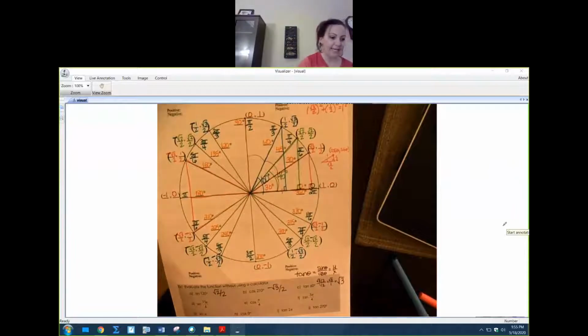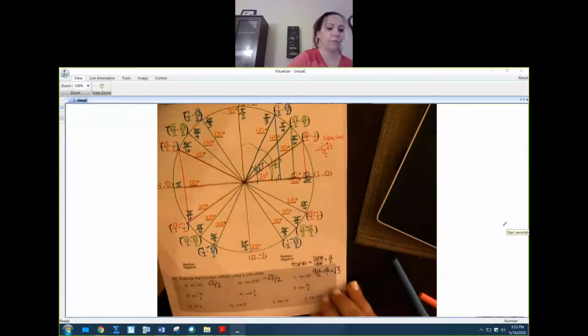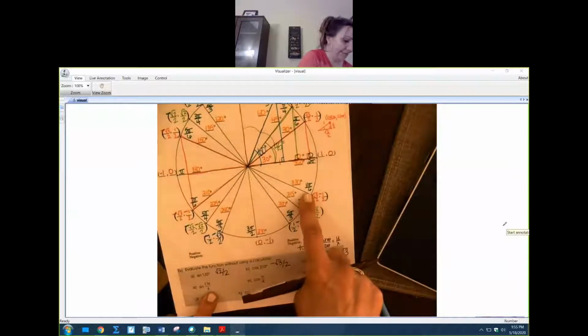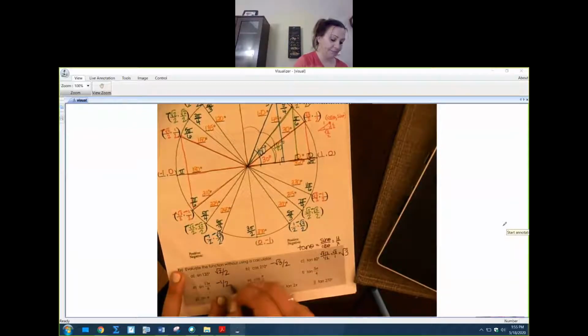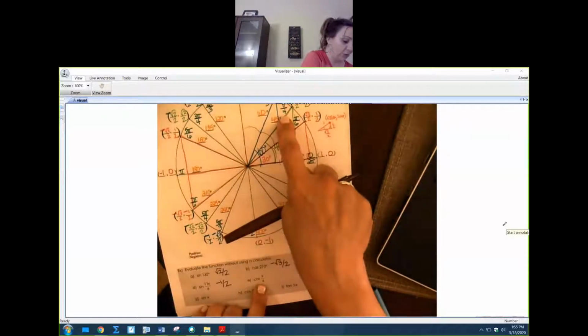How about the sine of 11 pi 6? That means we go to 11 pi 6 on our circle. Sine means we look at the y coordinate, which is negative 1/2. And that's our answer. Cosine of pi fourths means that we look at pi fourths, and cosine means we look at the x coordinate.